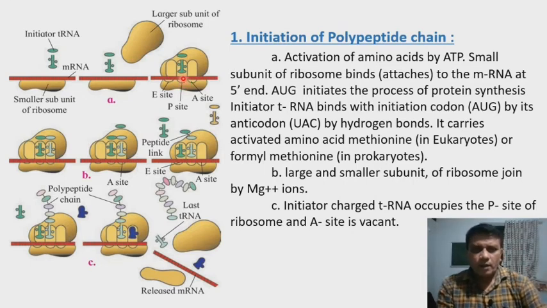So amino acid molecules are activated by ATP. Then these amino acid molecules get attached to the acceptor end, the C3 end of the tRNA, and the first amino acid tRNA complex is called the initiator tRNA, which binds directly to the P site, and the A site remains vacant.